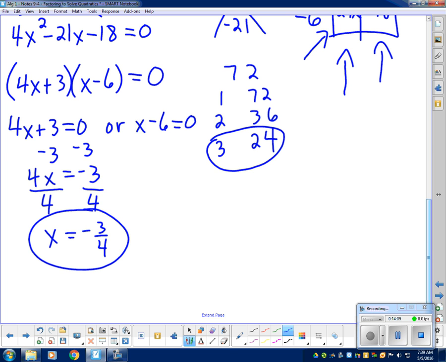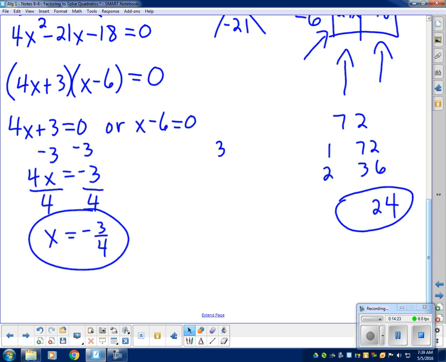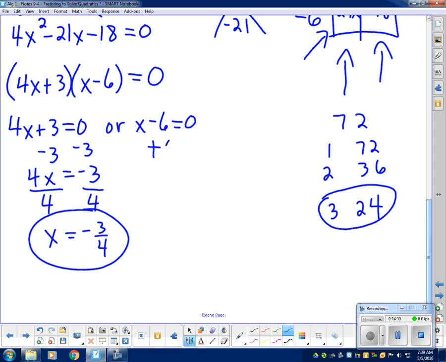We'll circle it. And the other one over here, if the x minus 6 equals 0, those are my factors. Okay, so add 6 to each side, and x equals 6 is my other solution. Circle it.